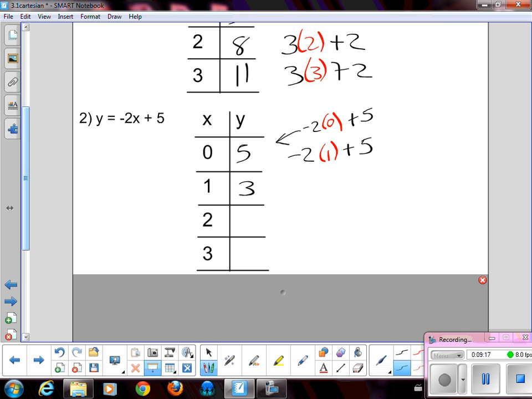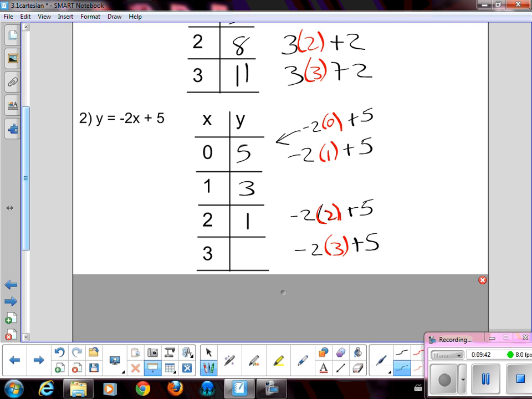And then the next time I do the same thing, I would have -2 times 2 plus 5. So I would have a +1. That was actually a plus, didn't look like it. And my final point would be -2 times 3 plus 5.